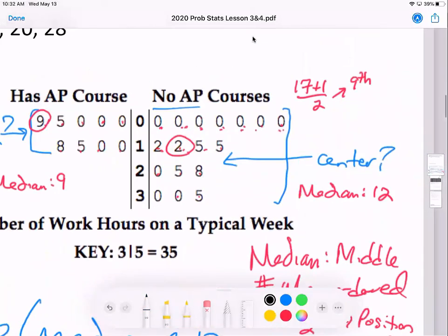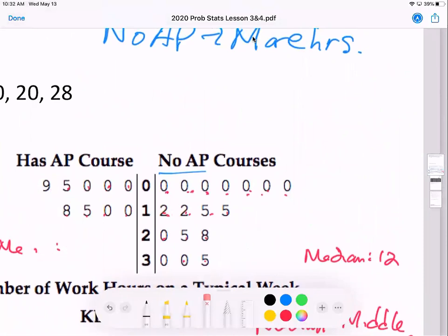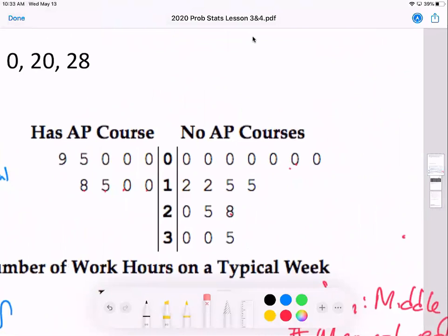So looking at these, let me get rid of some of these markings all over the place here. Looking at these, which one's more spread out? This one seems pretty compact, this side right here. It doesn't seem like there's a lot of variability. It seems like 18 hours or less.